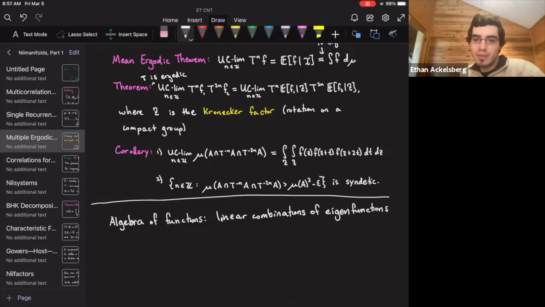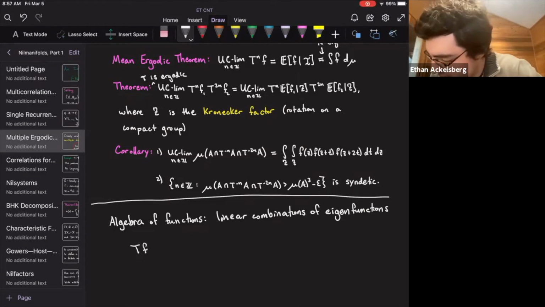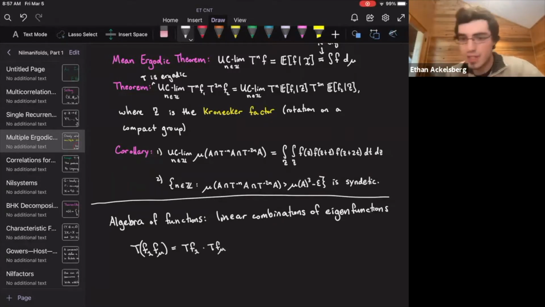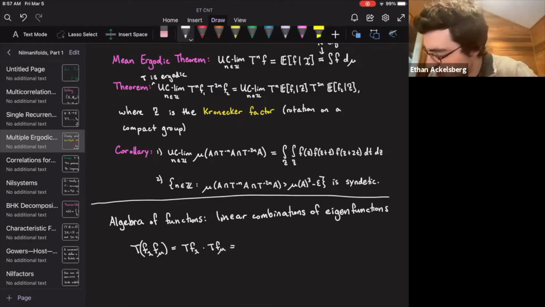Just take all their linear combinations. This is going to give you an algebra, because if you have, say, two eigenfunctions with values lambda and mu, T acts in a way that respects products, and so you'll end up with lambda mu times your original function.